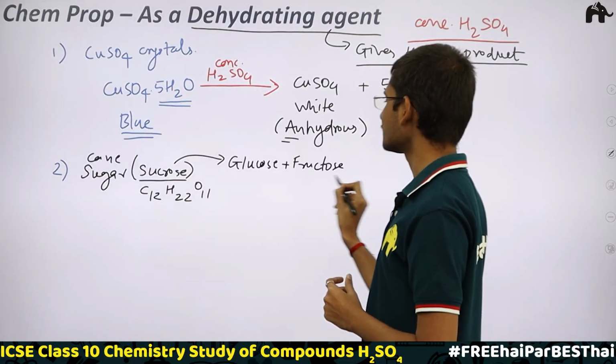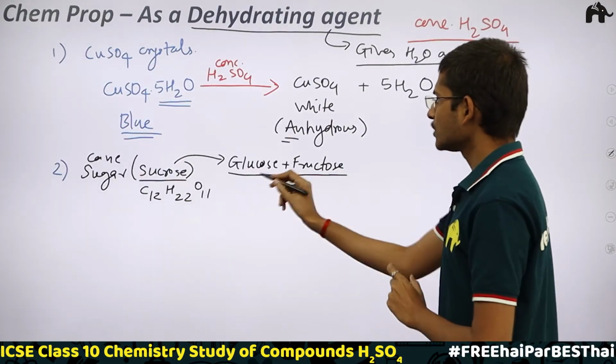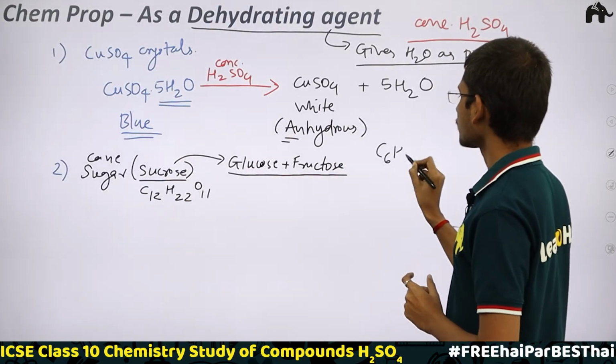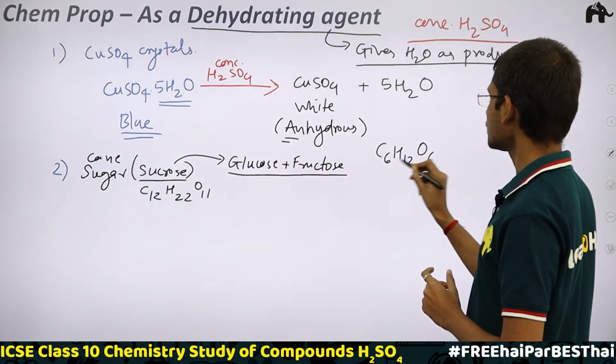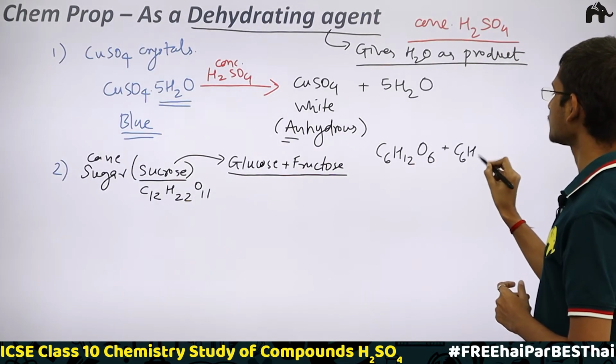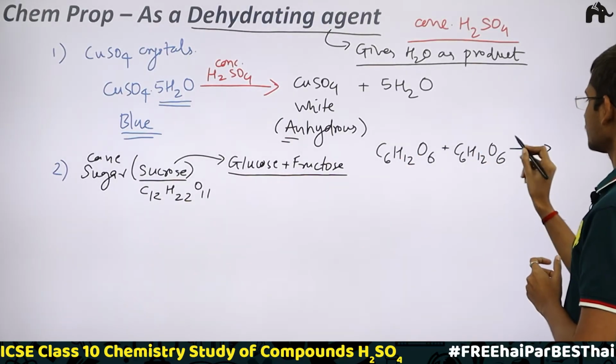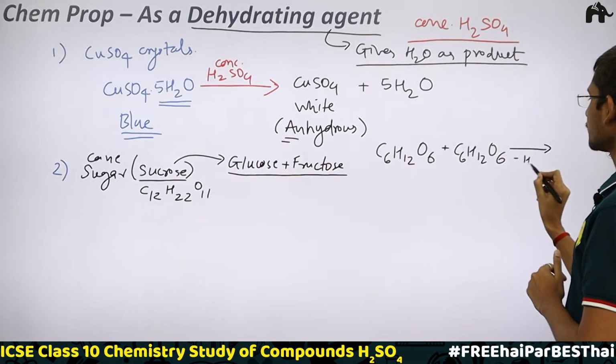Now no need to go into this much detail, but in order to remember the formula, I'm going to tell you a simple trick. Both glucose and fructose have the molecular formula C6H12O6. So you add them, and while adding, you remove 1 water molecule.